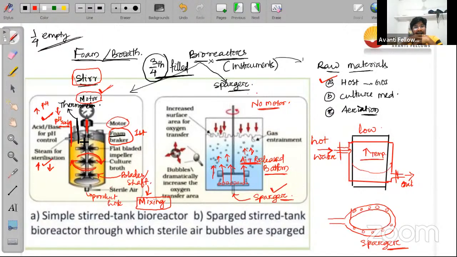And in the sparger type, the motor will be absent, and a sparger-like structure will be present at the bottom of the bioreactor. From the sparger at the bottom, air will be released into the container or bioreactor.